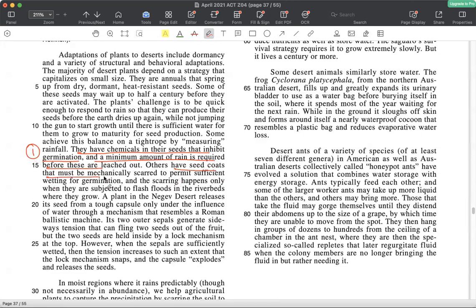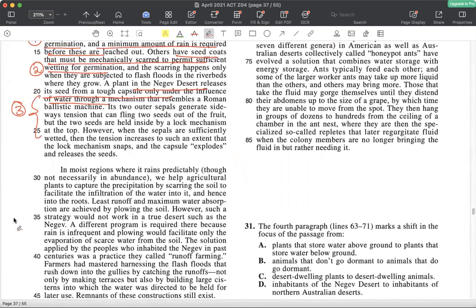Others have seed coats that must be mechanically scarred, and that scarring can only happen with flash floods. And then there is this third example, which is a very specific example of a plant that uses a lock mechanism that can only come into play when there is enough water, right? So make sure that you annotate these.